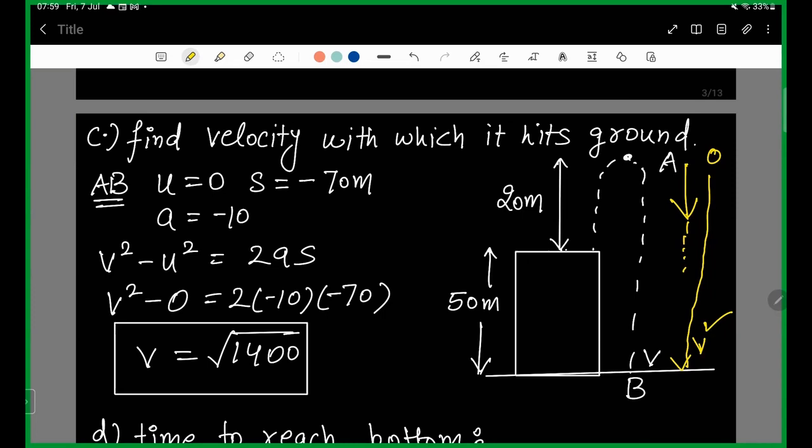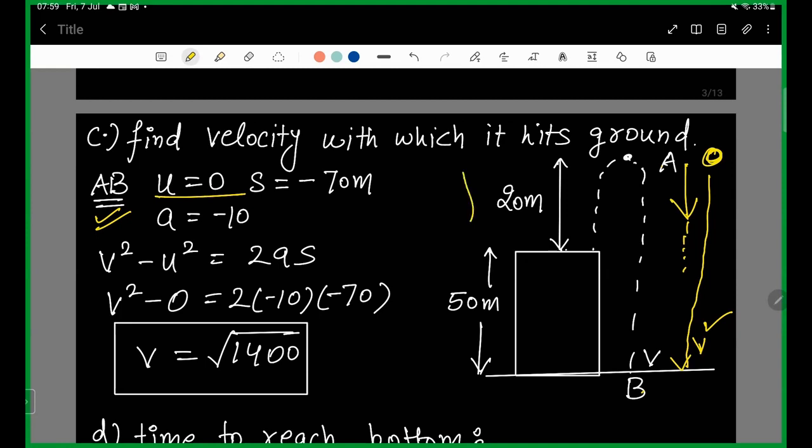Okay, understood. Now I will use the equation of motion between A and B. Since the velocity at A is 0, my initial speed is 0. And what is my total displacement?